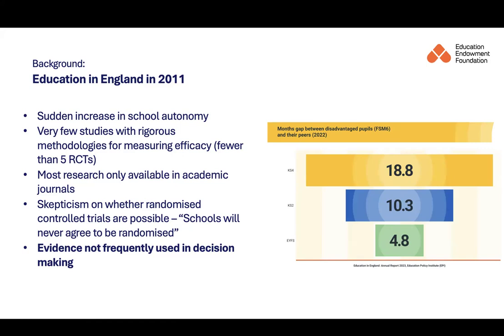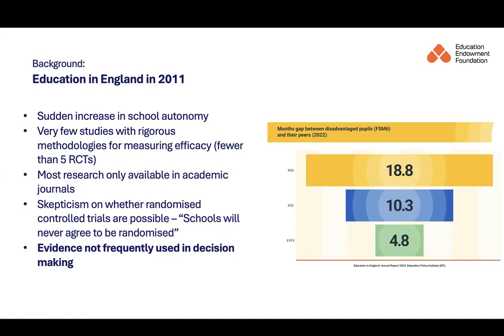But when we were first started, there'd been these sudden policy reforms which had led to an increase in school autonomy. So a big mantra of policymakers at the time was, we trust schools. We're going to let schools make the decisions when it comes to pedagogy and teaching and most elements of curriculum, in fact. And that was really sudden.